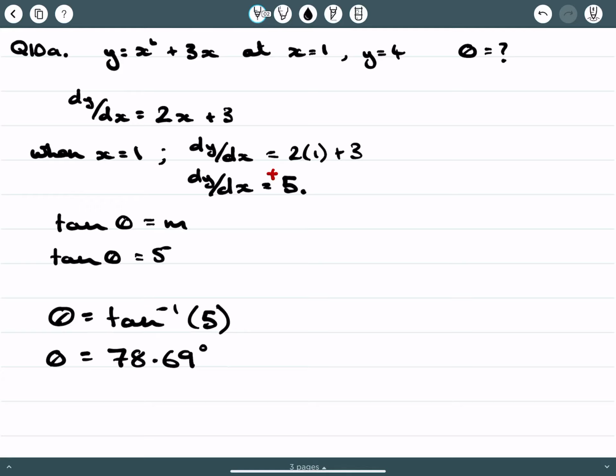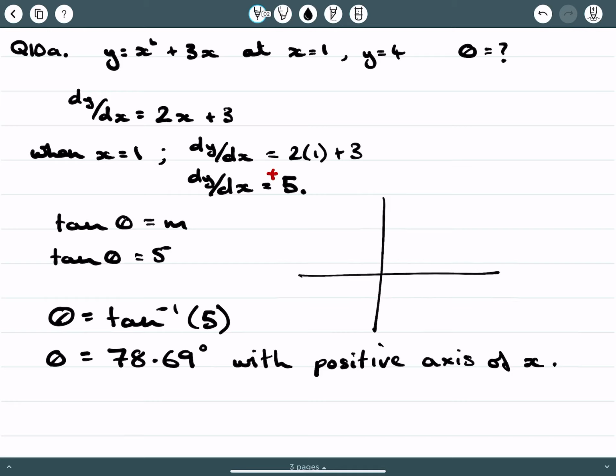You get 78.69 degrees, and I'll just be a little bit technical here with this question. I won't be technical with the other questions. So that just means that the angle is formed like that. So what it means is that we've got an angle here, 78.69 degrees, and that means that my slope here is 5.